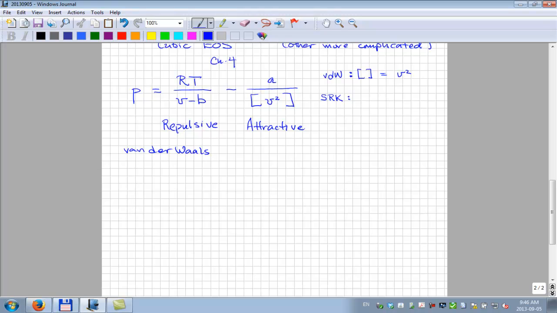And they, let's say, improved things over the van der Waals by using this term. I was going to write it with V squared, but you'll see the V squared come out of it. V times V plus the same term b as is in this repulsive term, right?